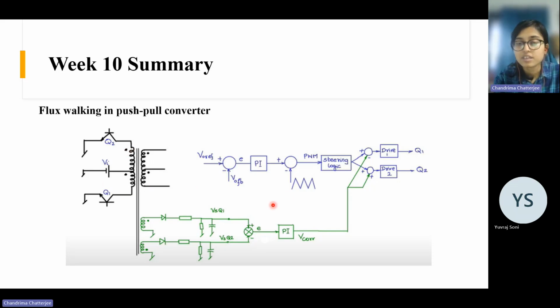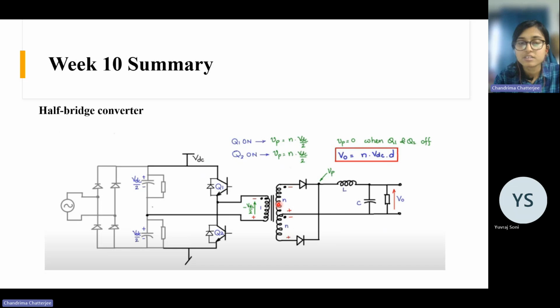This is one method. Another method is there that we will discuss for this half bridge converter. So this is the half bridge converter. This is another DC-DC converter. Here this is the AC grid, and this we already discussed. There is a diode full bridge rectifier. Then after this diode rectifier, the DC link is split in two equal parts by connecting these two capacitors of same value.